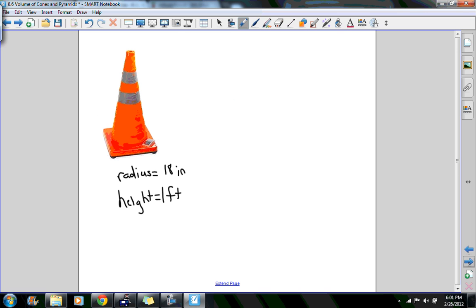Okay? So, here we have a cone. Same thing. Volume is going to be 1/3 times the area of the base times the height. Except now the base is a circle. So, I'm going to go over here and do our b, and that's pi r squared.